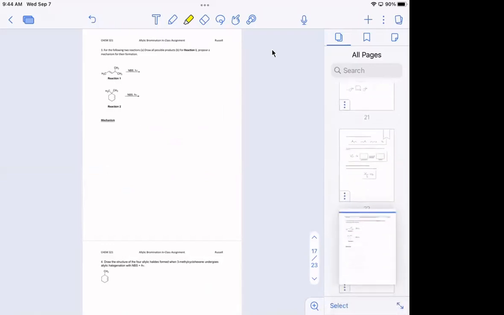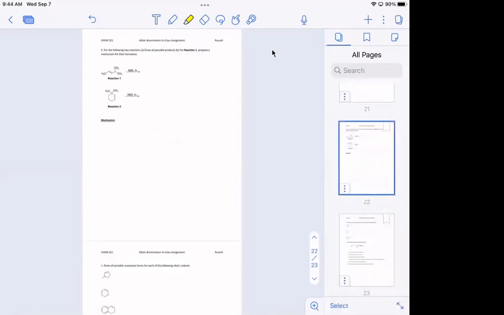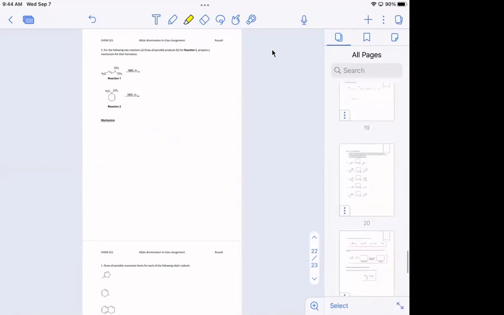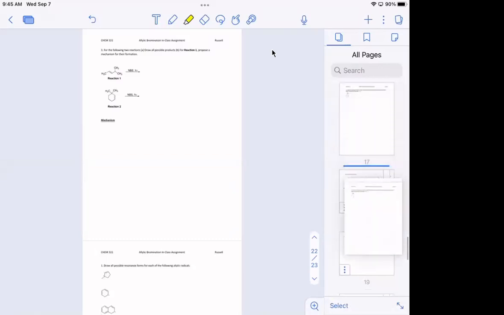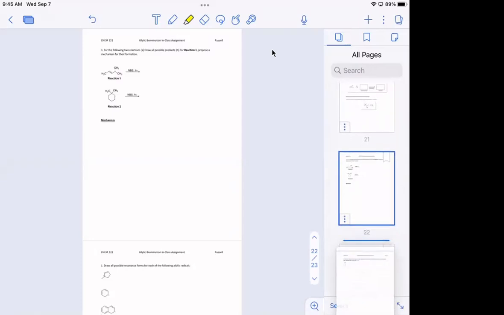Because I think the alcohol synthesis is going to be easier to track than the allylic bromination, because I already know that resonance is going to be a sticking point. So I'm going to send you some resources so you can refresh yourself on resonance, if you had a problem with it. If you didn't, then you're good.